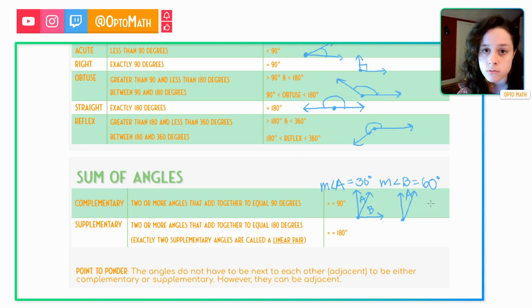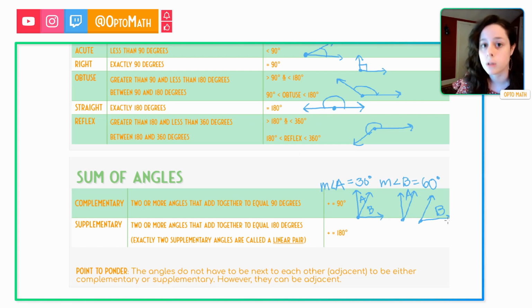They're at different tables. And here we go. There's B. As long as those are the same measures, they still add up to 90. They're still complementary, even though they're not next to each other. And again, it could be more than two angles.